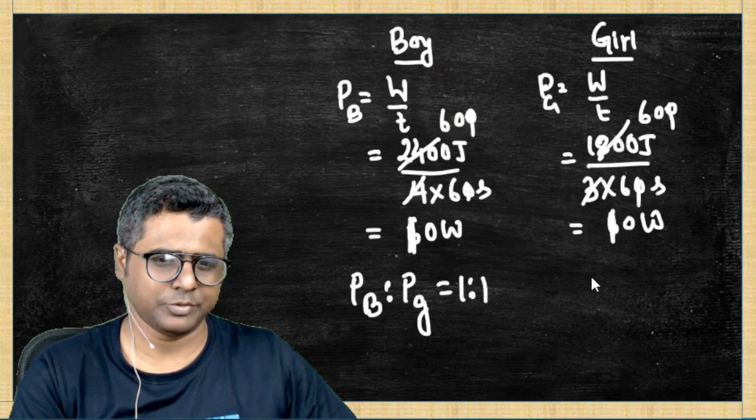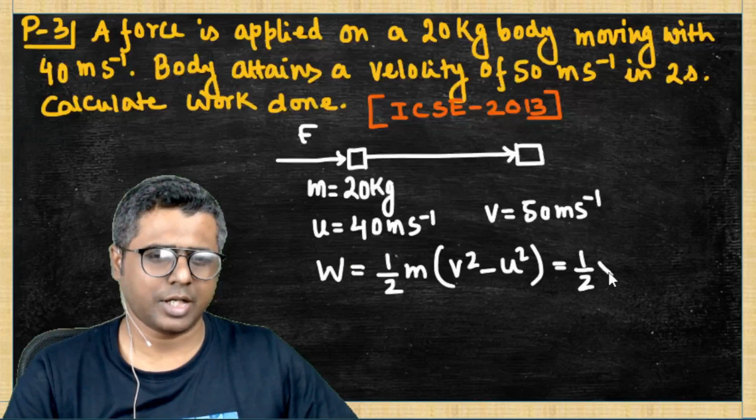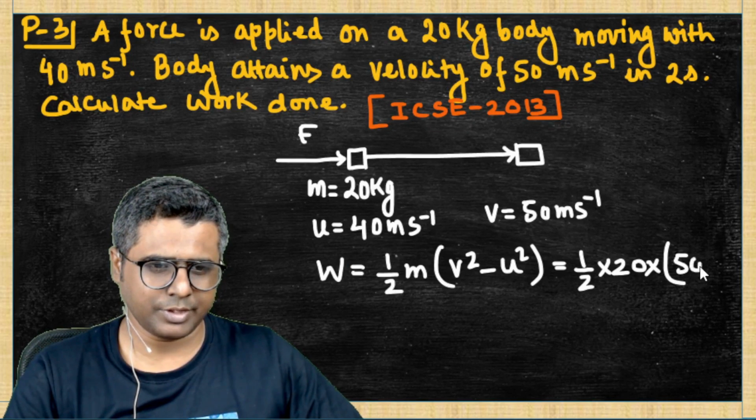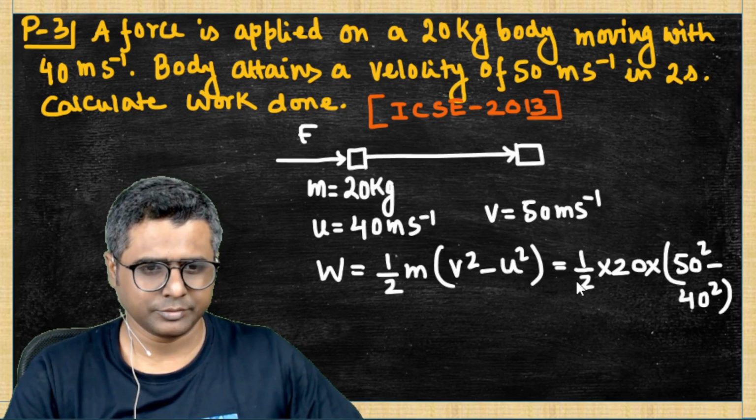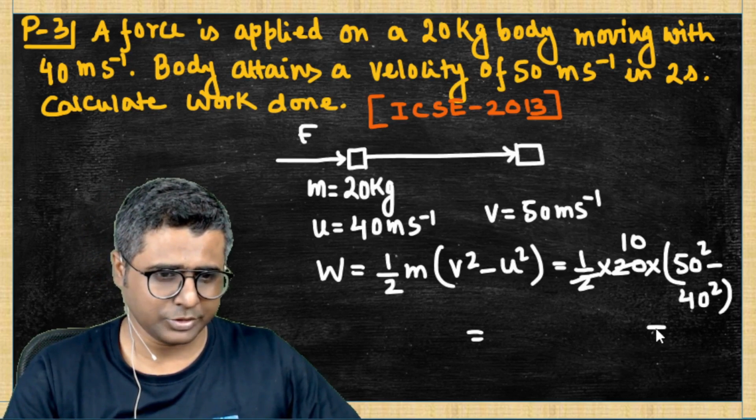So, that is what I am using. So, I know all the values, half into 20 kg, v square is 50 square minus 40 square. Every value is known to me, 10. Everything is in SI unit. So, work done will come in joule.